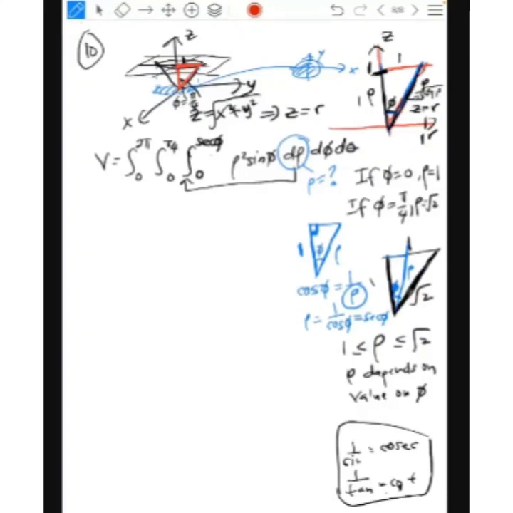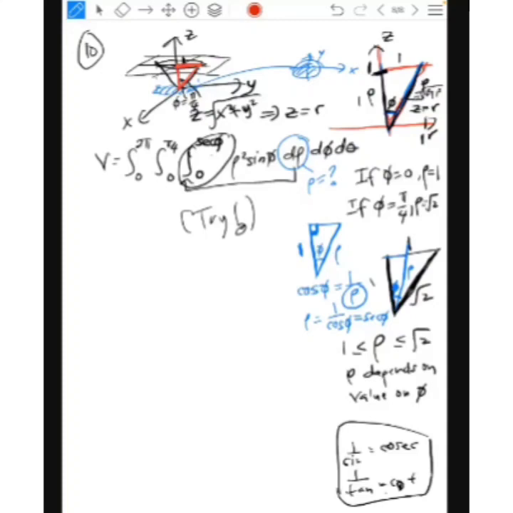Okay, so this is what you want to integrate. You may try. Okay, the only thing here is that now there is no sphere. However, the question still asks us to use spherical coordinates. So we have to find the rho in terms of some function, no longer a constant.